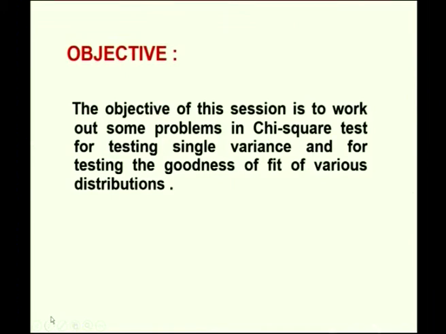In this session, continuing with the discussion of test of significance, chi-square test for testing single variance problems will be worked out, and also testing the goodness of fit of various distributions will be discussed with respect to chi-square test. So, the objective of this session is to work out some problems in chi-square test for testing single variance and for testing the goodness of fit of various distributions.